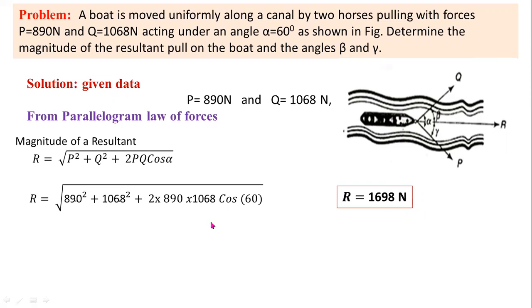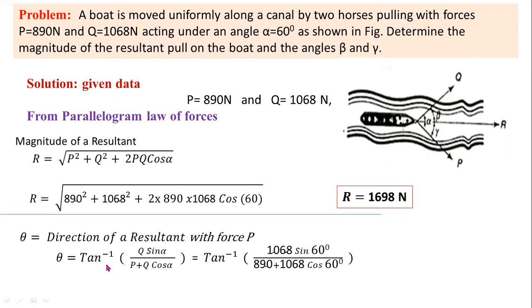Now for determining the angles gamma and beta, you have to find the direction of the resultant. We already know the formula for the direction of the resultant: theta equals tan inverse of Q sin alpha divided by P plus Q cos alpha.